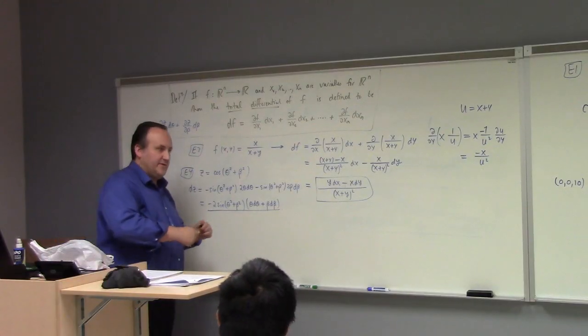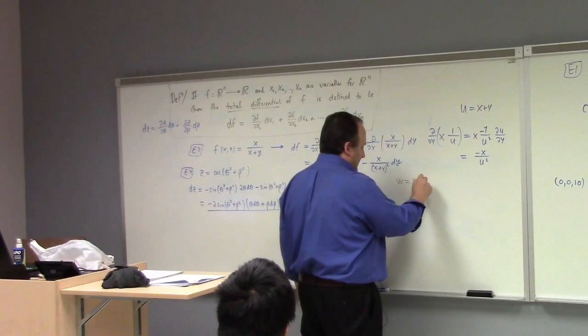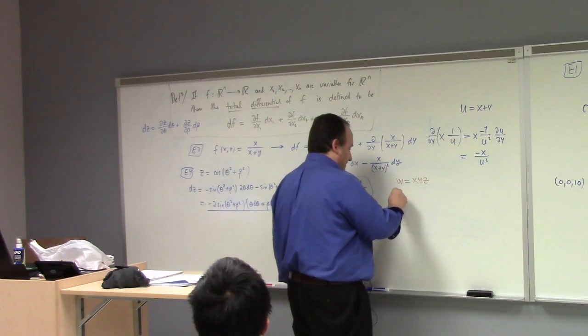Would you like to see another? Let's do another. If I have w equal to xyz, then what's dw?